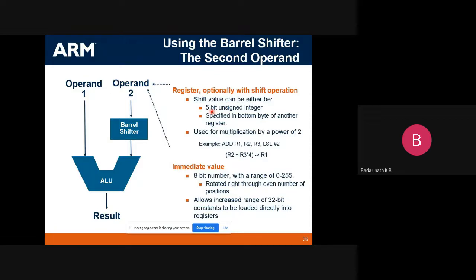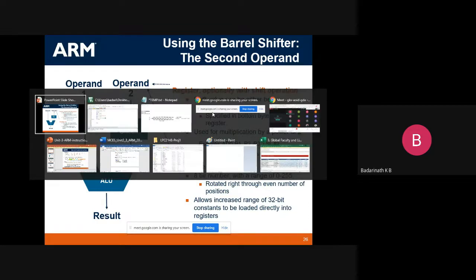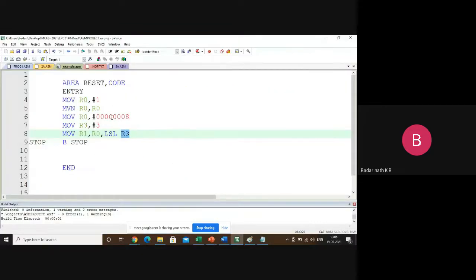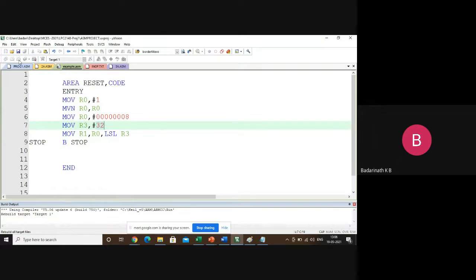So if I write any number here in the program, for example R3, let's say 32, and if the assembler is proper, it should give me an error. In this case it is not giving one because it is an indirect operand; the issue shows up at runtime.